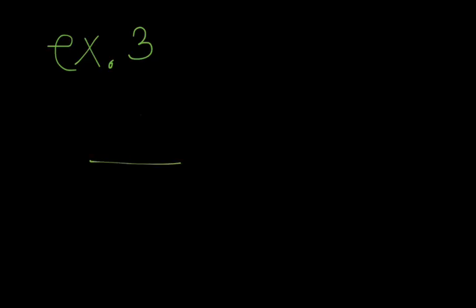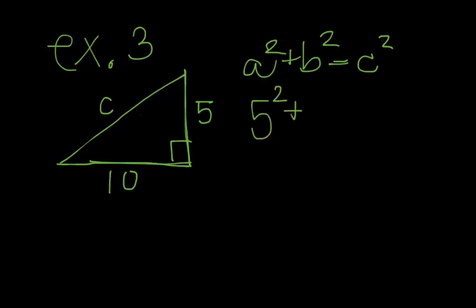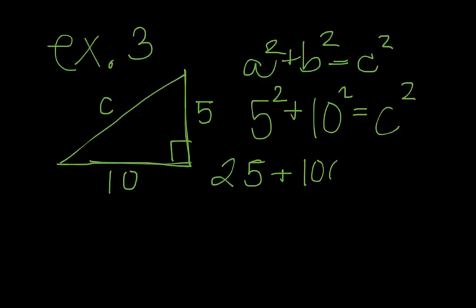So for example 3, say this side is 10, this side is 5, and my hypotenuse is C. Okay, so my A we'll call 5, my B we'll call 10, don't know my C. So we're going to square my 5 to get 25, square my 10 to get 100, equals C squared. When I add 100 together with 25, I get 125 equals C squared.